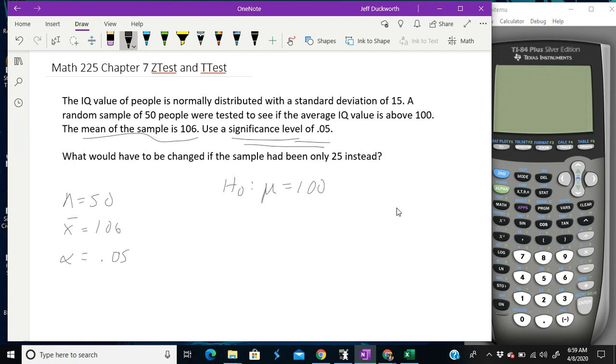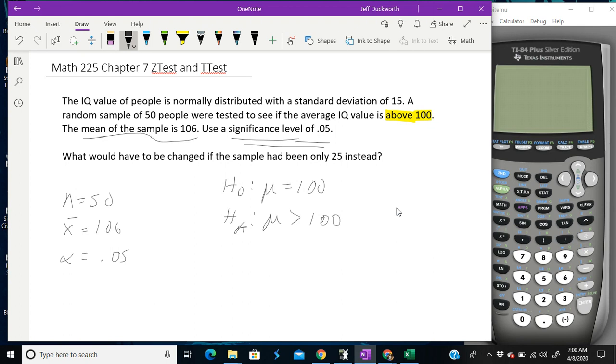It is quantitative data, so we're dealing with a mean, that's mu, as the population. And 100 is what they're asking us to take a look at. And specifically, they want above 100. So that means my alternative, HA or H1, whichever you prefer, mu is greater than 100. So this is the test that we're going to run. We have an alpha level of 0.05, and we're going to test strictly greater than.